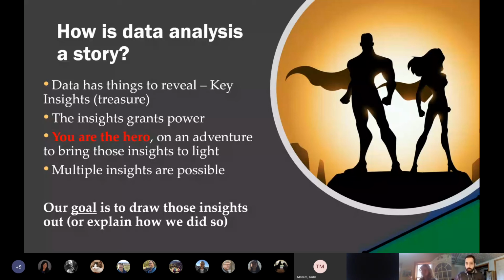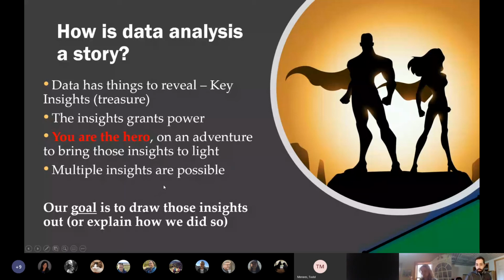Those insights grant power because they tell us if our hypothesis about the data can be verified. They tell us if what we think and what we understand about the data is reflected in the real world. So in this role, you're the hero. So using data analysis or presenting this data, it's really about being the hero that goes in, finds that data, and finds those insights.